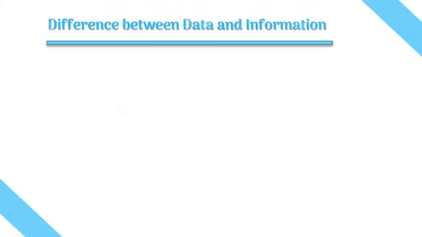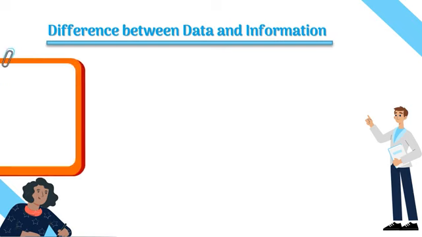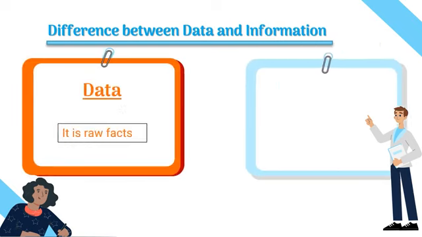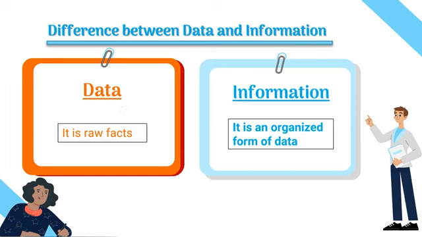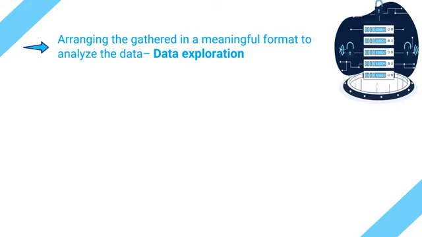In earlier classes, we have understood the difference between data and information. Data is raw facts and information is organized form of data. So, after acquiring data, the next step is to put the acquired data in a meaningful format to analyze the data. And this step is known as data exploration.